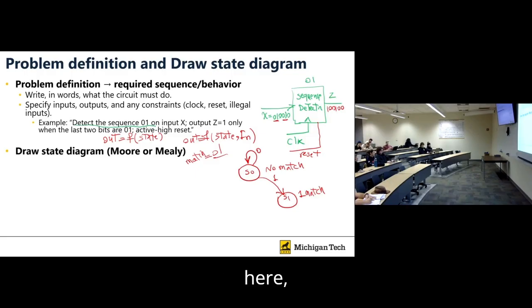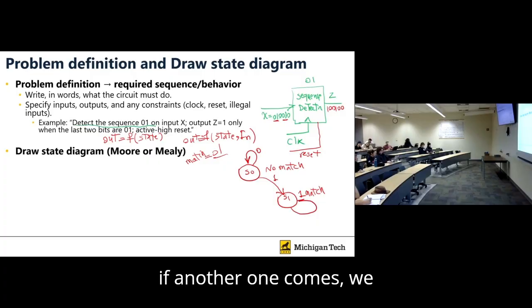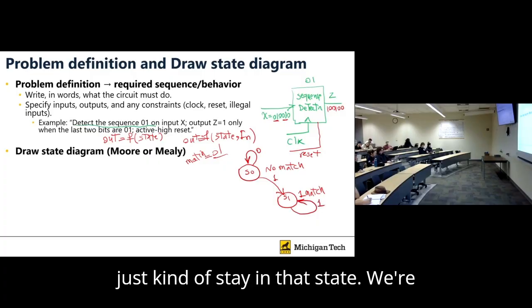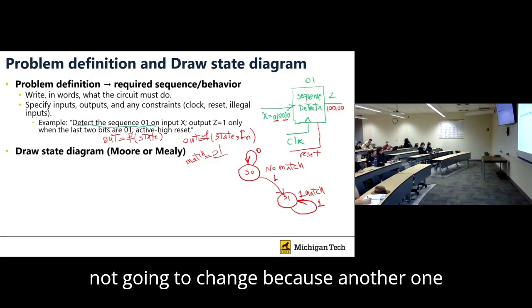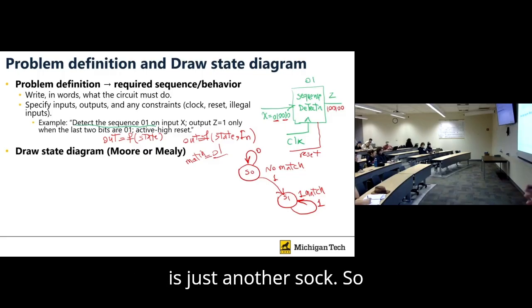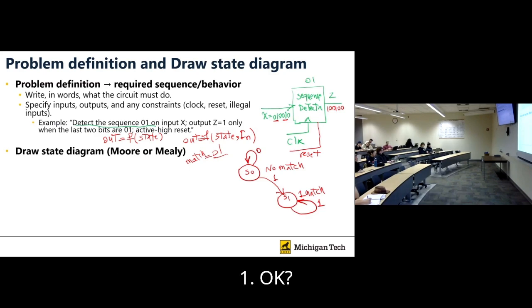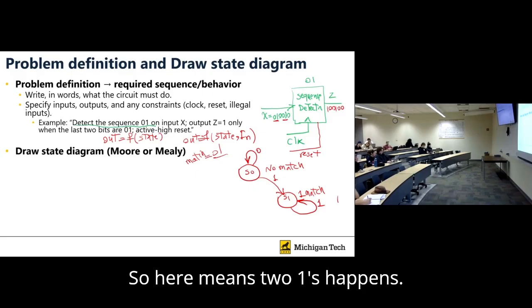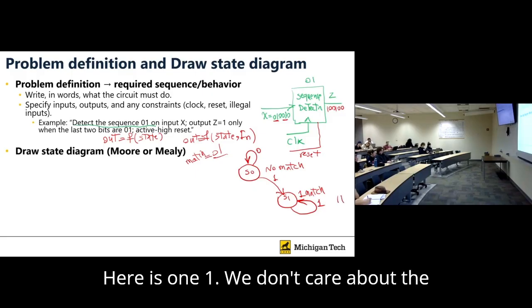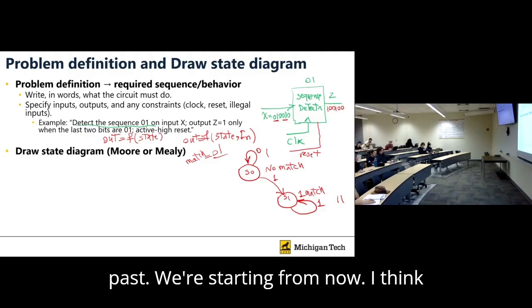Here, if another 1 comes, we just stay in that state. We're not going to change, because another 1 is just another start. So we stay again in state 1. Here 2 1s happened, but this is 1 match. We don't care about the past. We are starting from now.